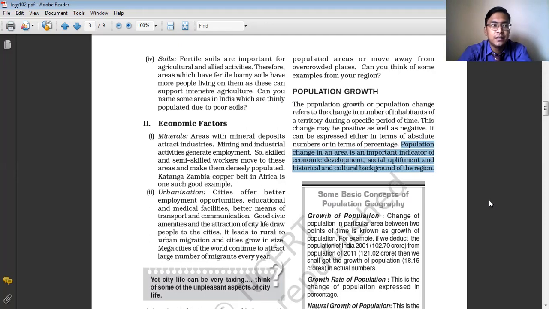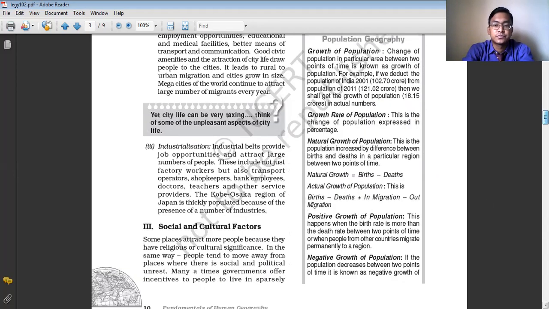In most cases we find that the population increases, and in exceptional cases the population decreases. Because of economic development, population growth takes place. Because of social development, the population will grow. Because of the historical and cultural background, the population will grow, isn't it? So this population change in a particular area reflects the economic development of a place, the social upliftment of a place, as well as the historical and cultural background of a region.